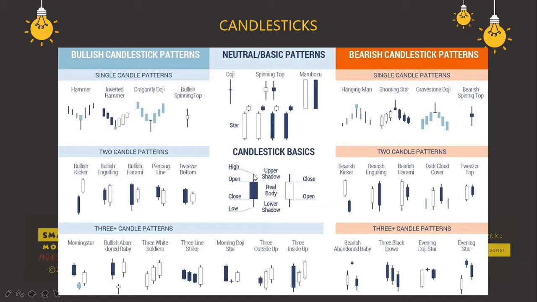Now look at the wicks or shadows. The end of the wicks indicate the high and low for the day. The high means the highest point price got to for that day, while the low means the lowest point price got to for that day. Now, don't mix it up.